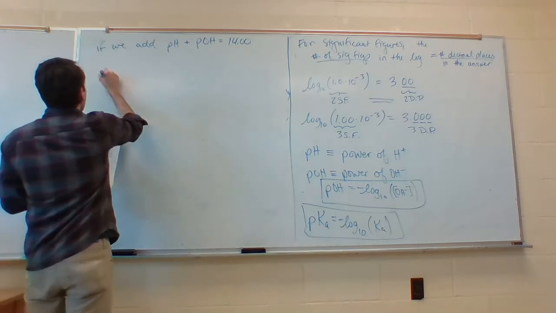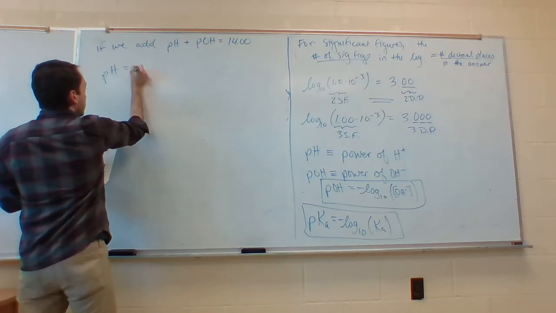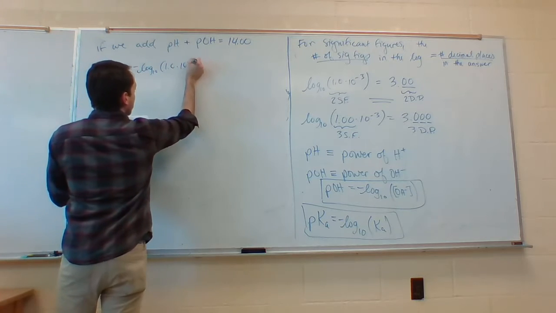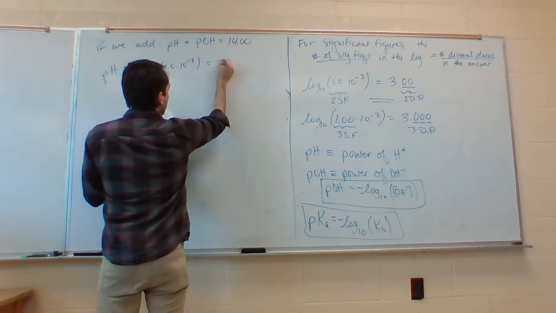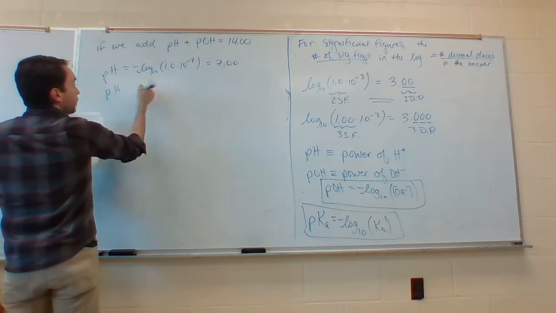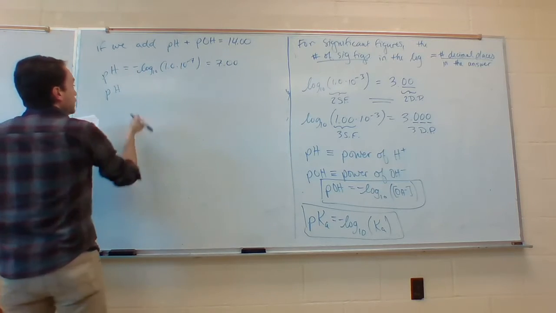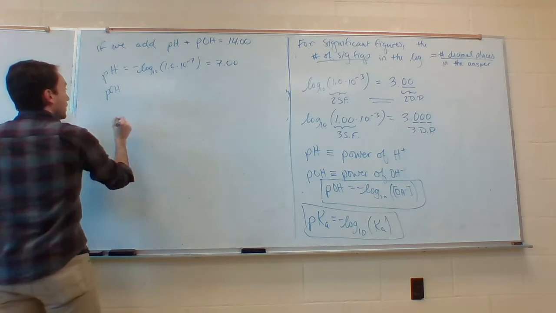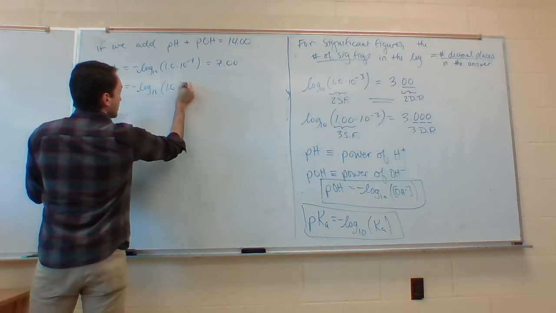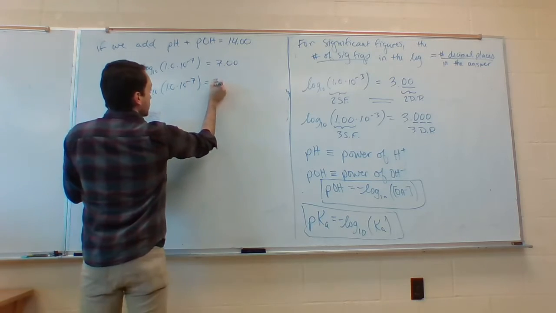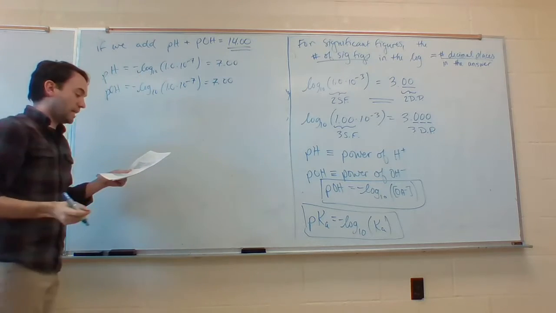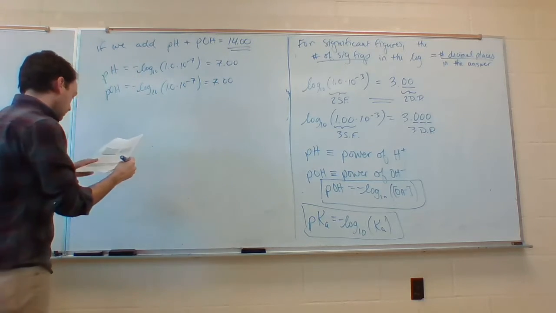Because if we took the pH, negative log base 10 of 1.0 times 10 to the negative 7th, we found that was equal to 7.00. And we know the concentration for the OH is the same. So if we wanted to get our pOH, that's the negative log base 10 of 1.0 times 10 to the negative 7. That's also equal to 7. So if we added those two together, we would get 14.